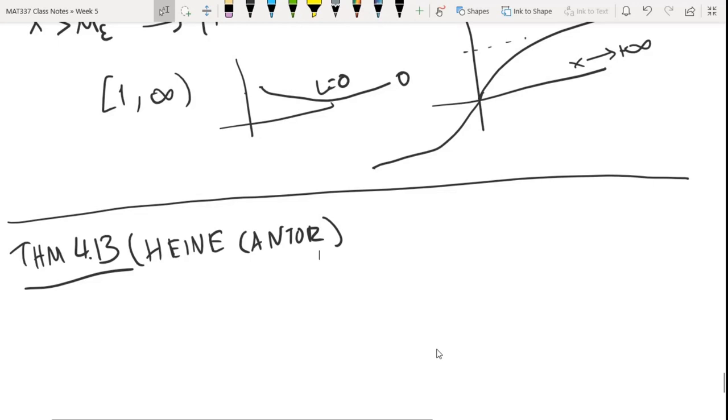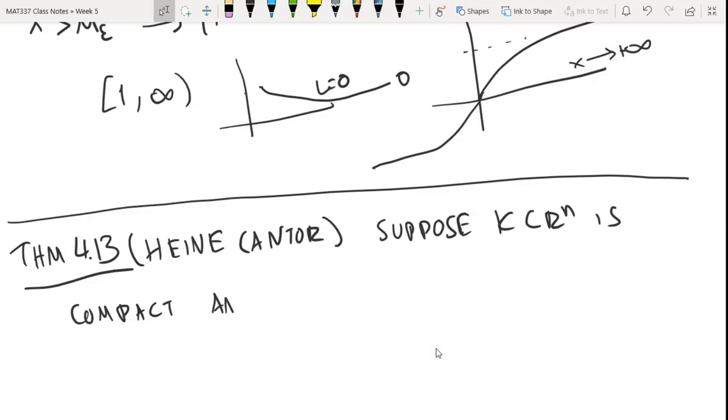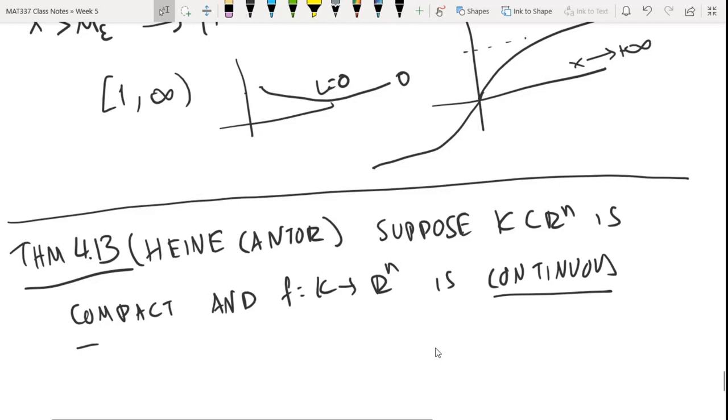It says that suppose K in R^n is compact, and f is just continuous, not UC, continuous. Then f is in fact uniformly continuous.